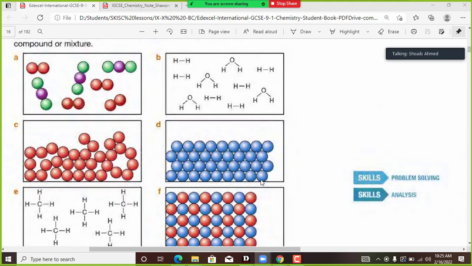Okay, now how can we separate these things? Like in a water solution.